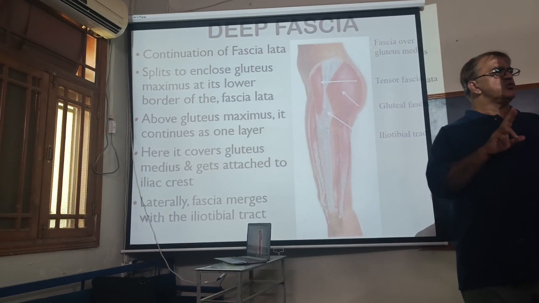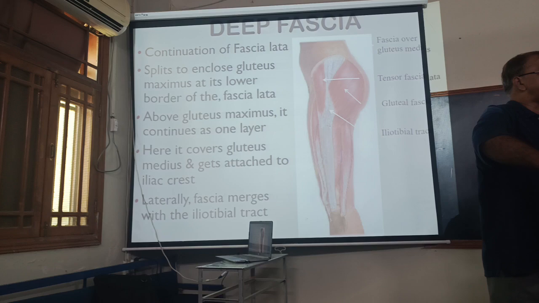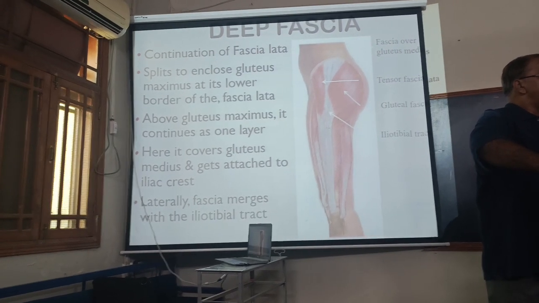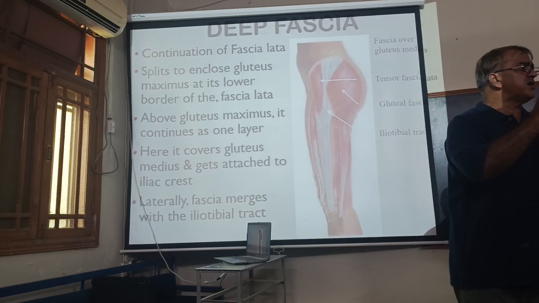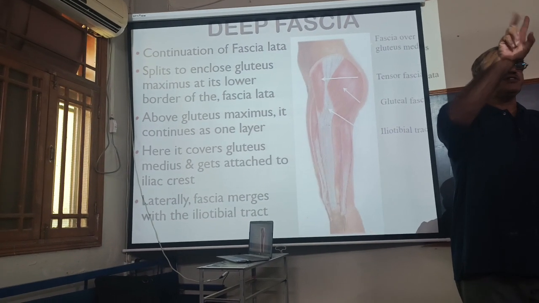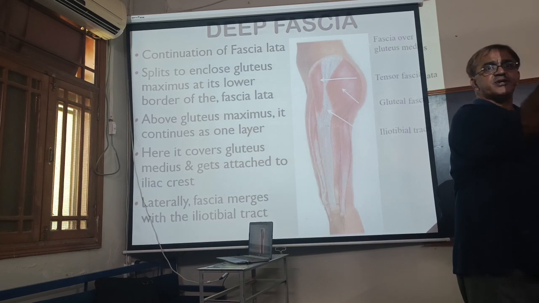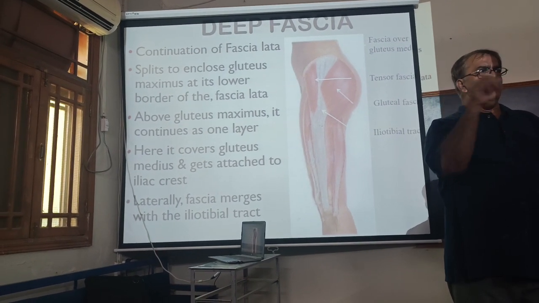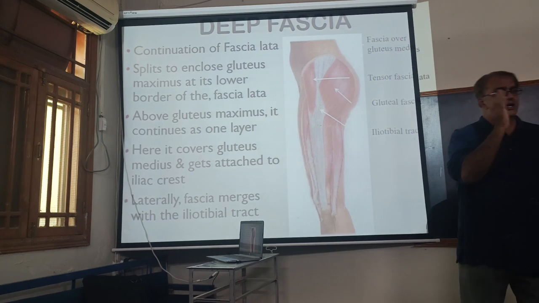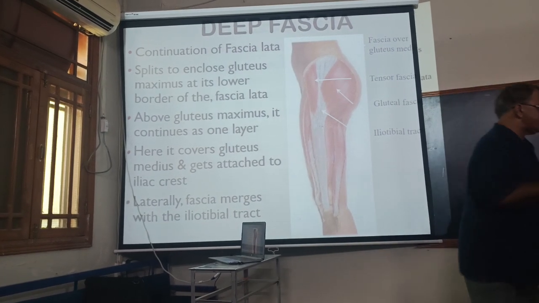If you remember, we saw the linea aspera: when it goes up it diverges, when it goes down it diverges. Downward divergence is the supracondylar ridges, medial and lateral supracondylar ridges. Upward divergence, medially it is continuous with the intertrochanteric line below the lesser trochanter. Lateral divergence goes upward.